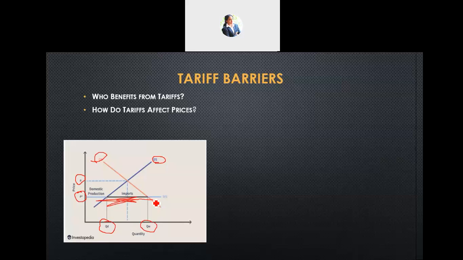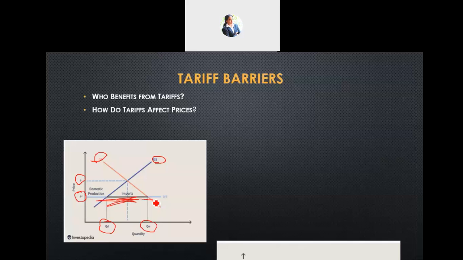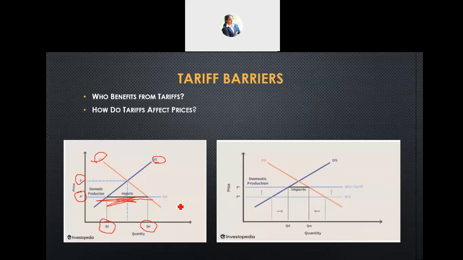Now, if we see one more diagram, here the price increases from the non-tariff P star to P1, and because the price has increased, more domestic companies are willing to produce the goods.